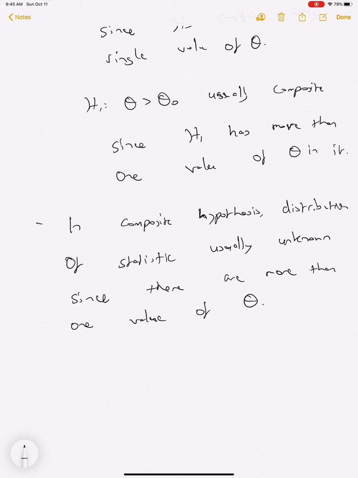Okay. And you'll get more comfortable with this notation and these ideas shortly.